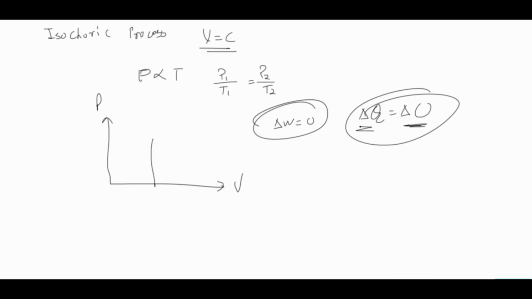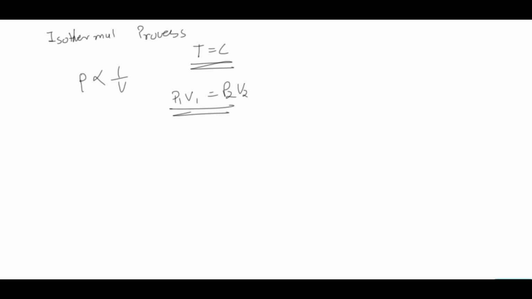Okay, the next process is the isothermal process. Isothermal process means temperature is going to be constant. If temperature is constant, then P is inversely proportional to V. That means P1 V1 is equal to P2 V2. This will become the equation of state. The indicator diagram for the isothermal process is like this.